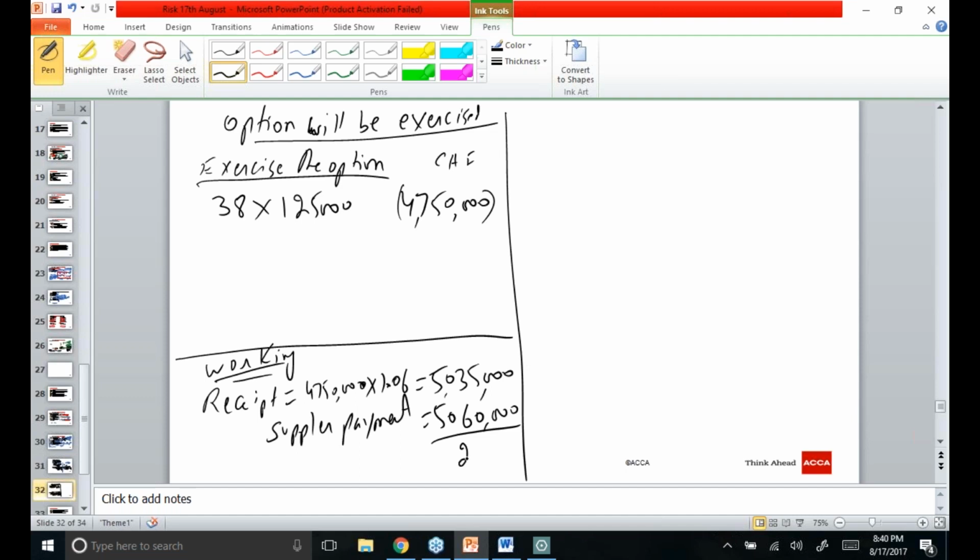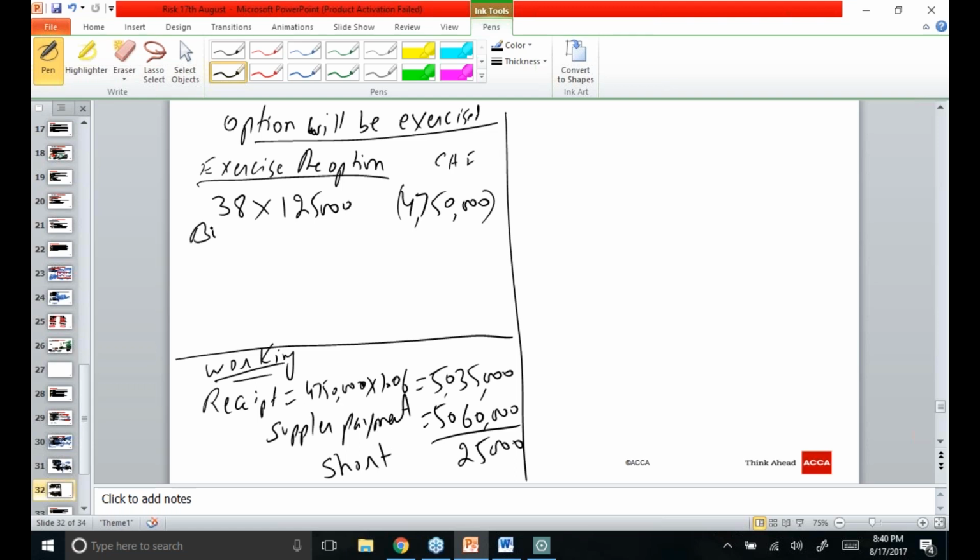That means you are short of $25,000. This balance is short. Okay, you will take the assumption that you will buy this balance at a forward rate. Always take the assumption that this overhedge or underhedge amount will be bought or sold at the forward rate.